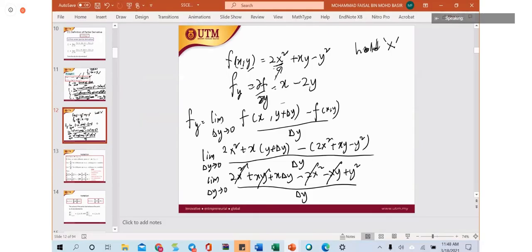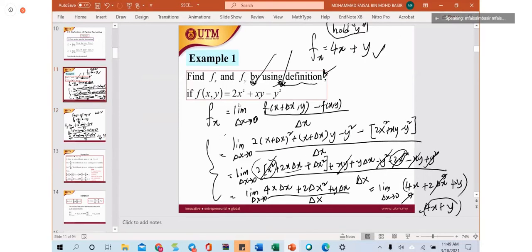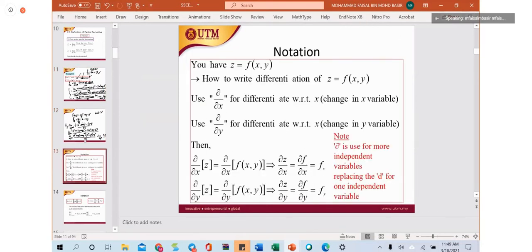So what do we have left now? x delta y squared over... okay. Now you have this. Is there anything wrong here? Try to check again. 2x squared plus xy minus y squared.